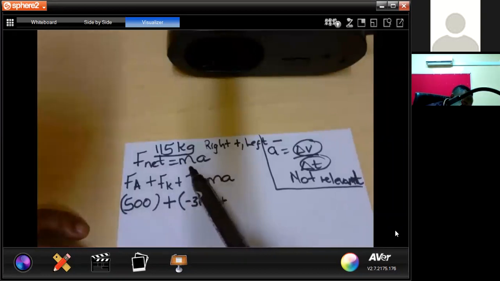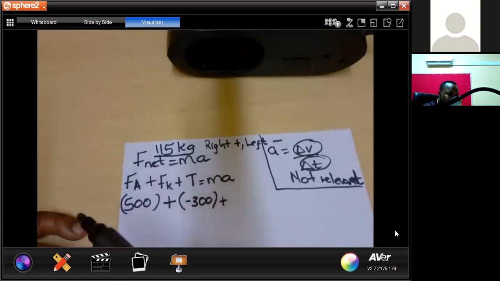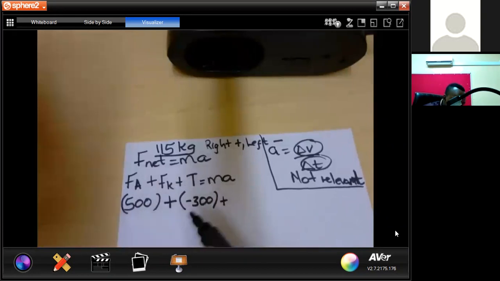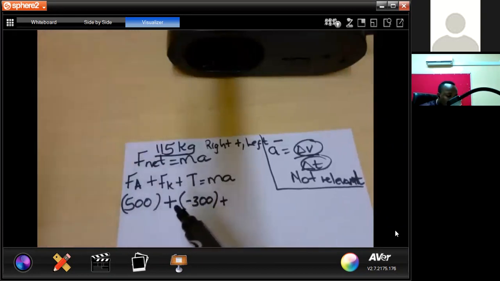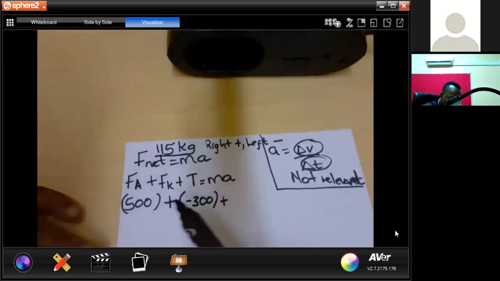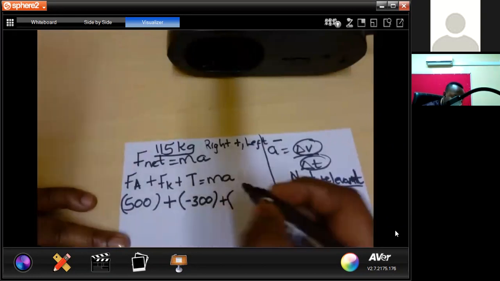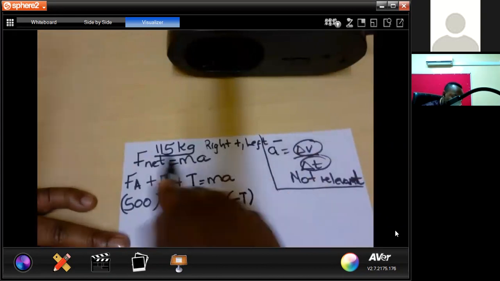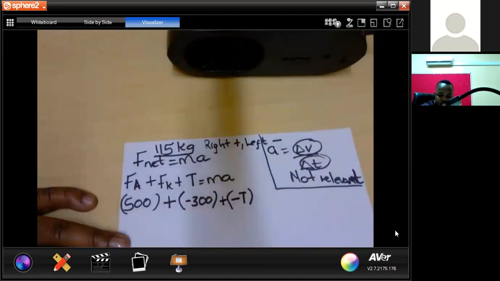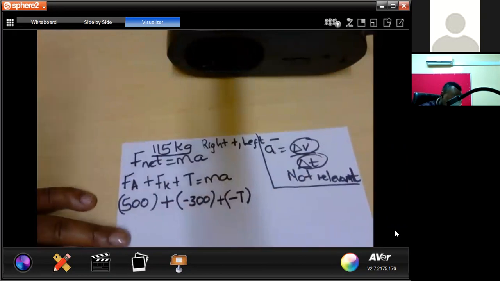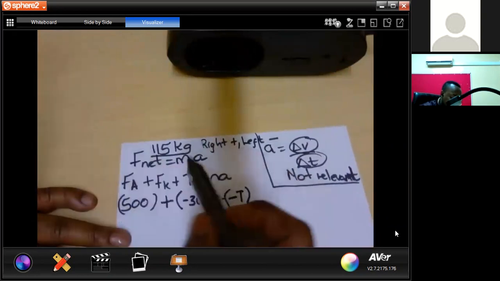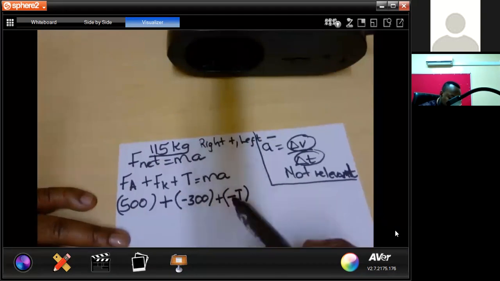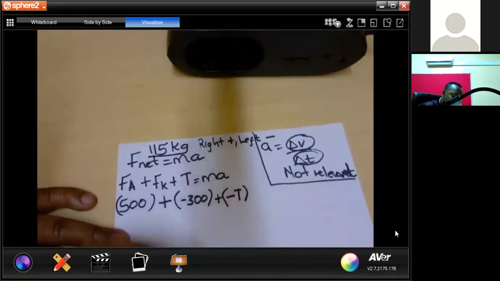And therefore, yes, we understand you do not know the value of the tension, but you put it there as a substitution because you are not solving for it. So we substitute it as negative tension because on the 115 kilogram block, it is acting to the left, and that is why it is negative.